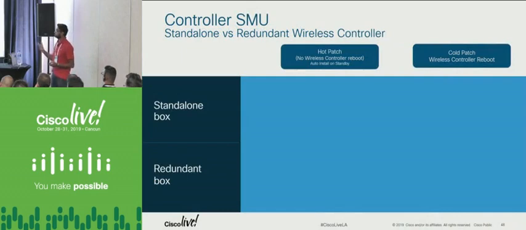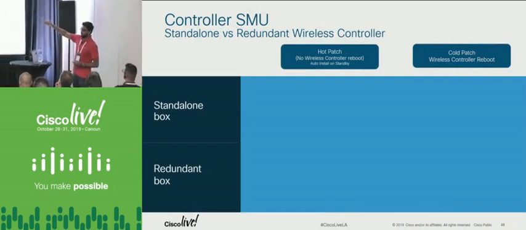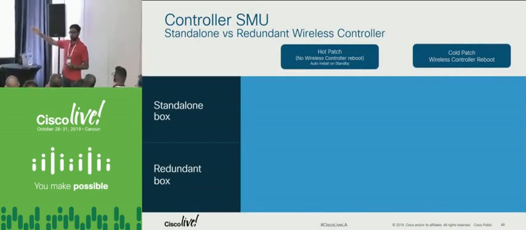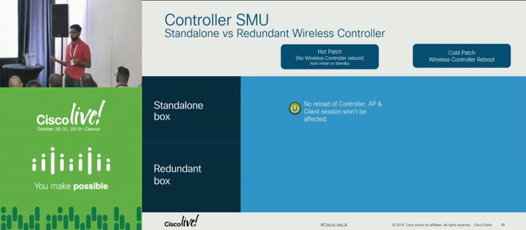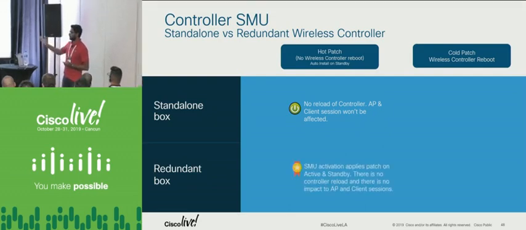So let's understand that. So two types of network deployments. You have either a standalone box without any redundancy support, or you have a redundant box wherein you have a primary and a standby. Okay, so when you have a hot patch, which is the best case scenario, standalone box, you can install that patch, no outage event required. Same thing for redundant box.